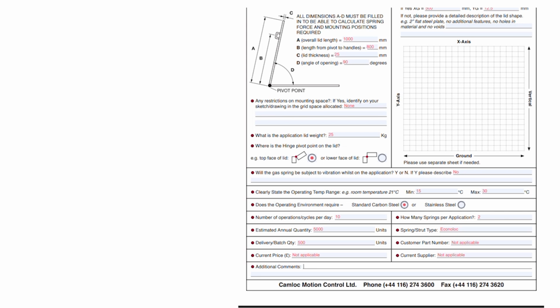So, it could be that there is dust prevalent in the atmosphere. It could be that there is some kind of chemical or salt water or something like that that is pertinent to what we're trying to achieve from the application. So this is your opportunity to put in anything else about the application here that will help us get a better answer to you on this.